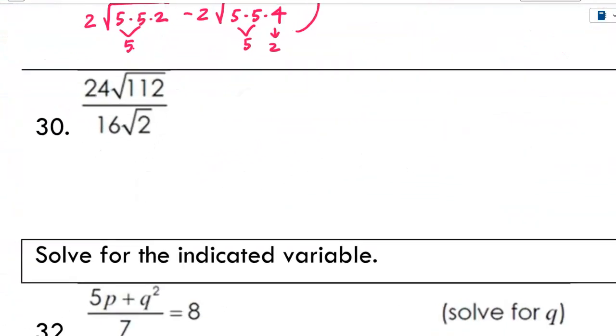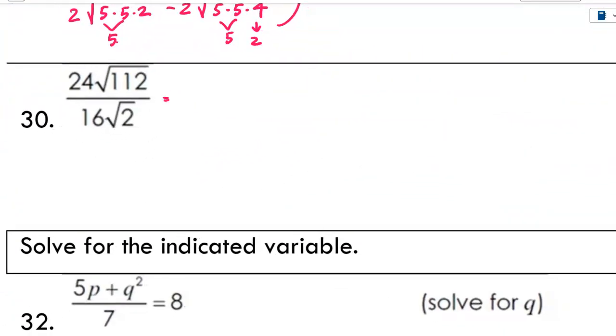Okay, next. Okay, so remember I told you that if the index is the same, which is a 2, you can go ahead and combine it into one big radical. So 24 and 16 are both divisible by, is it by 8? 24 divided by 8.